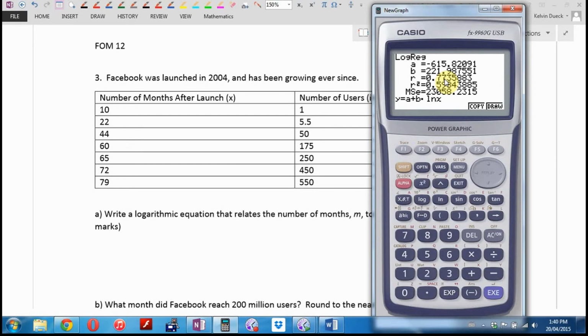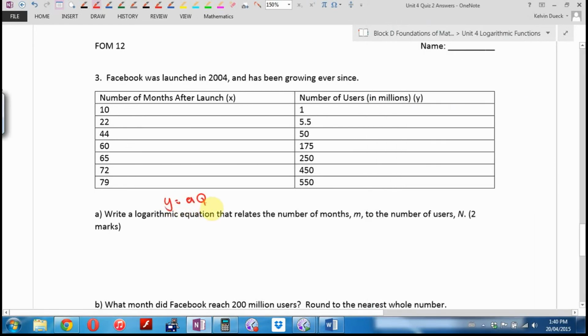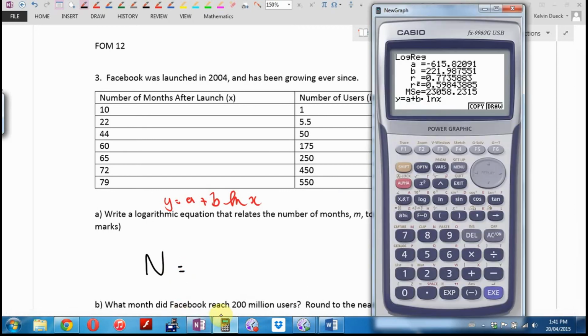So it's going to look like this. Y equals a plus b ln x. The number of users in... I'm going to use... they're both number and number. I'm going to go U for users equals... It gives you one on A. Oh, never mind. It does give me number of users, capital N, equals... What's A?